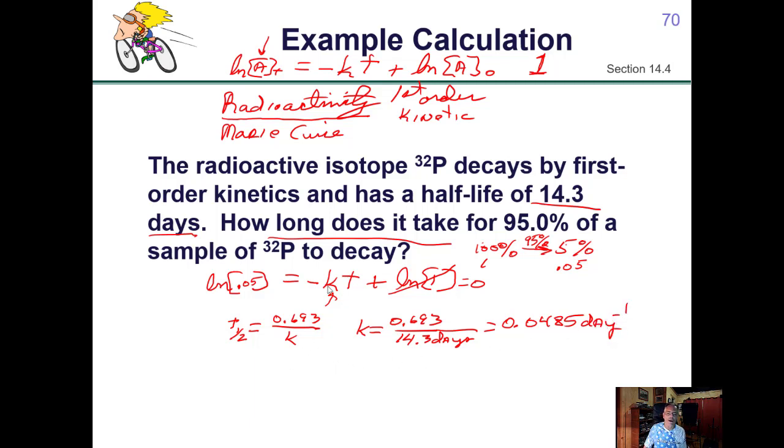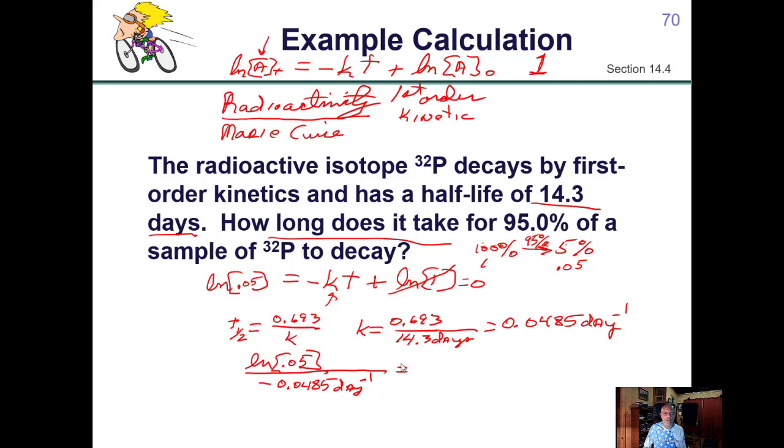Now I can solve my problem for time. I have the natural log of 0.05, and all I have to do is divide by minus k, and my k value is 0.0485 per day, days to the minus 1.